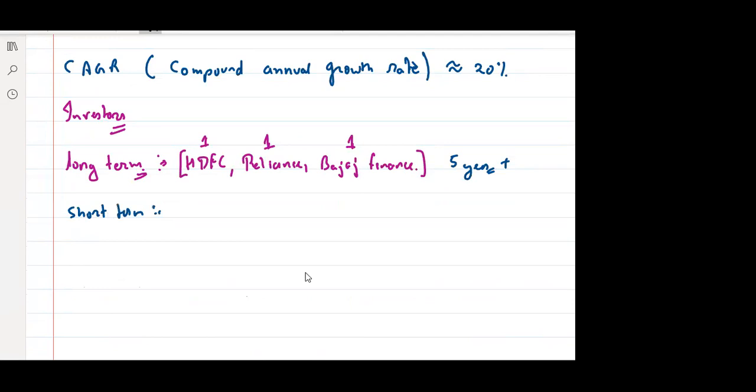Short-term can be anything. It can be within a week, months, or a few years. They are short-term investors.